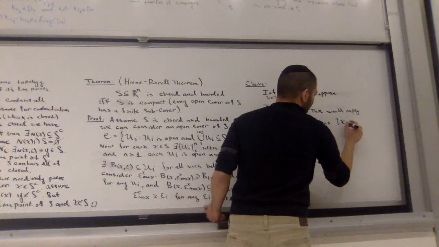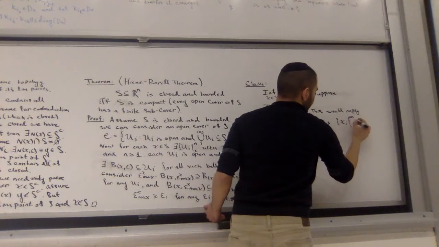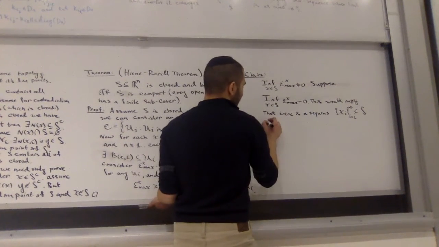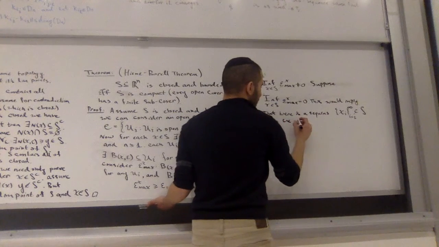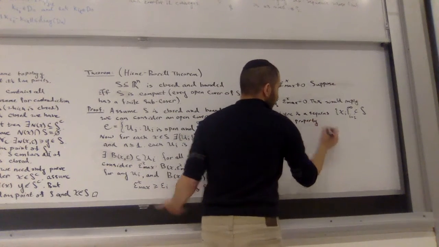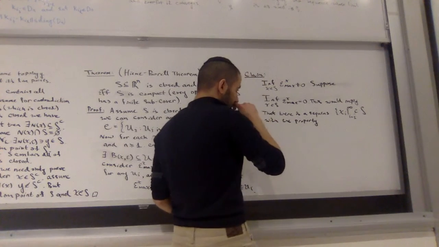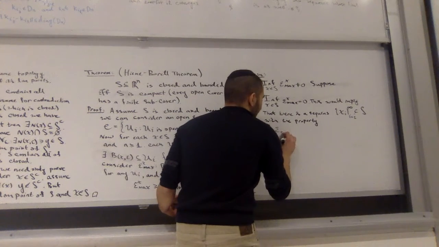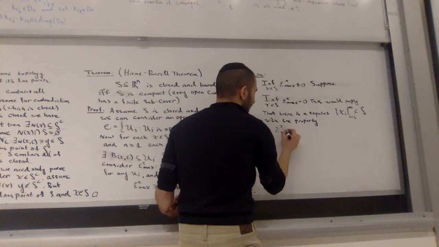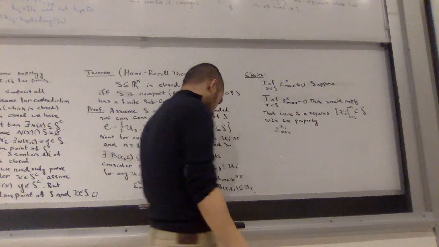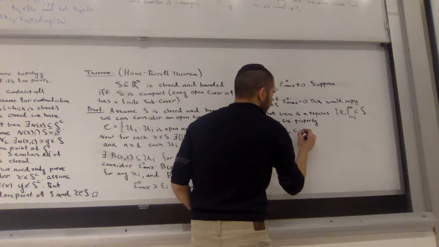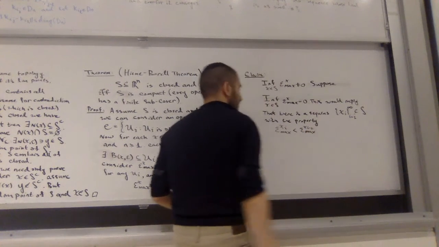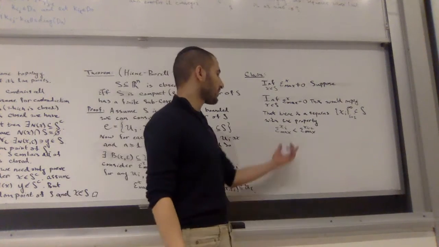You could call this sequence x_i, i equal 1 to infinity, which is entirely contained in S, with the property that epsilon max x_i is less than epsilon max x_{i-1} and greater than 0.